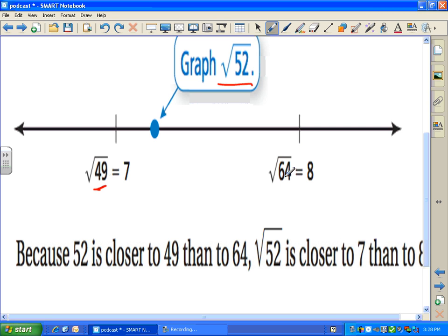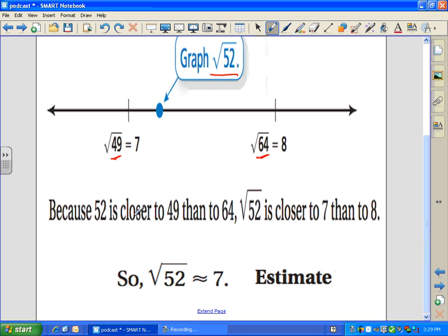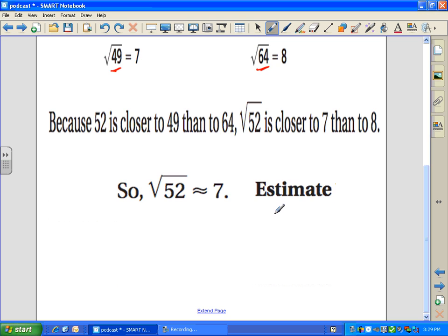If you said 52 is close to 64, I would say plus 10 bears, because 52 is closer to 49. Because 52 is closer to 49, the square root of 52 is closer to 7.